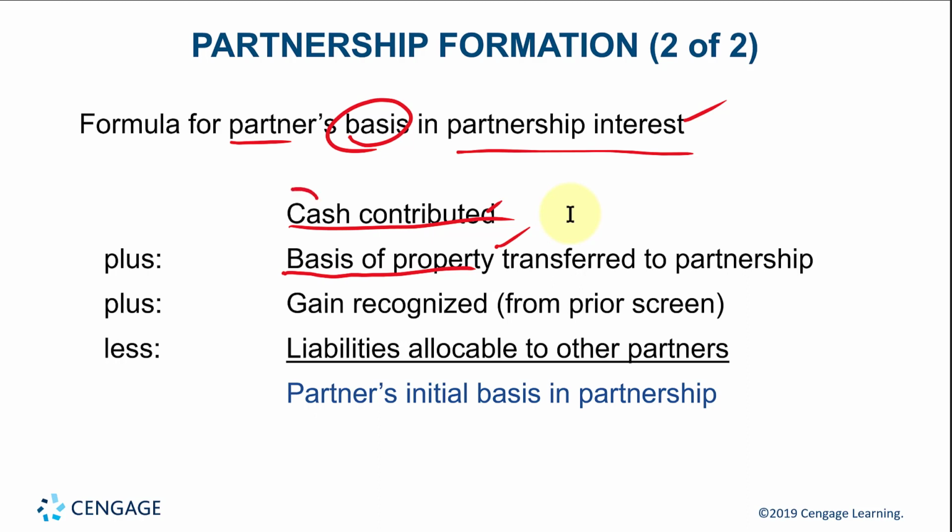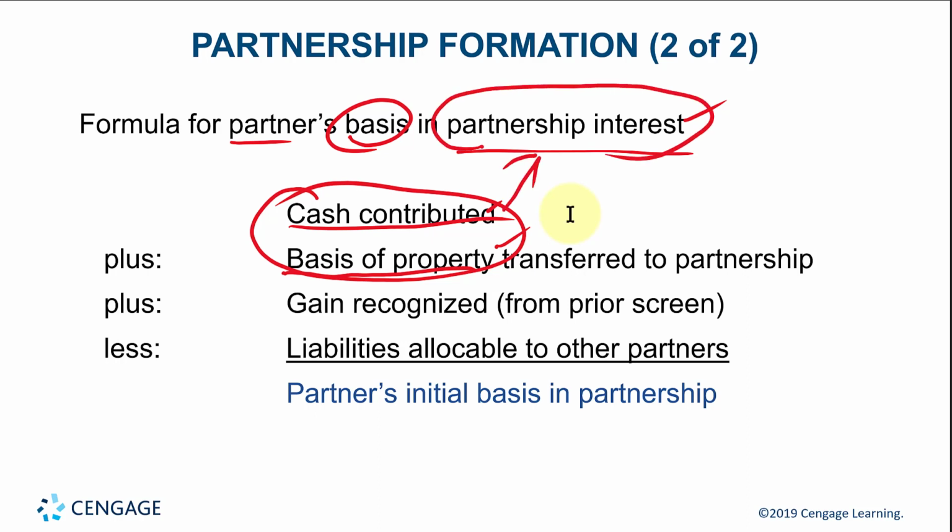And whatever basis you have in what you contribute is going to now transfer to the partner's partnership interest. Okay, the same dollar amount. But we saw there were exceptions where you may have to recognize gain. And if there is gain, you're going to add that gain to make the partner's partnership interest basis bigger. And you also have to reduce the partner's interest by any liabilities that the other partners are going to take over.